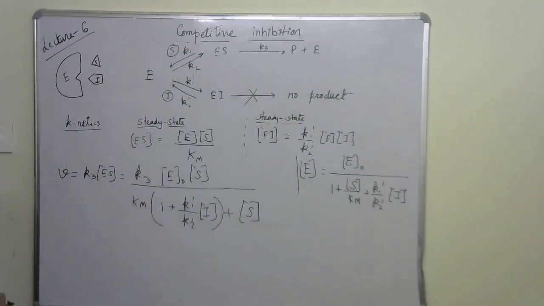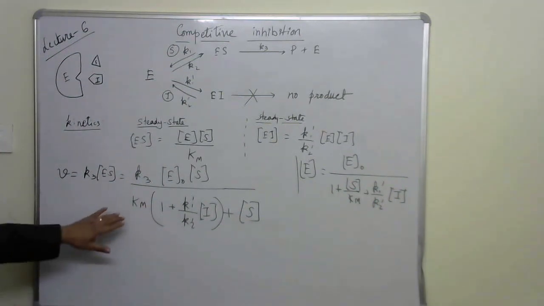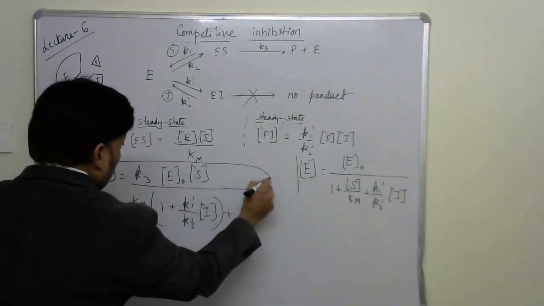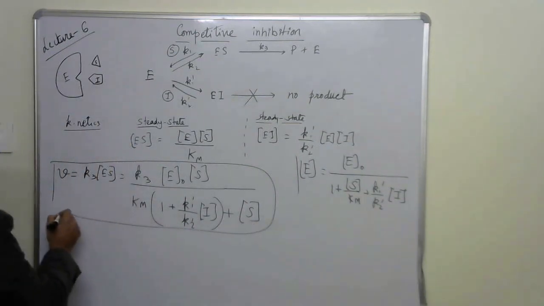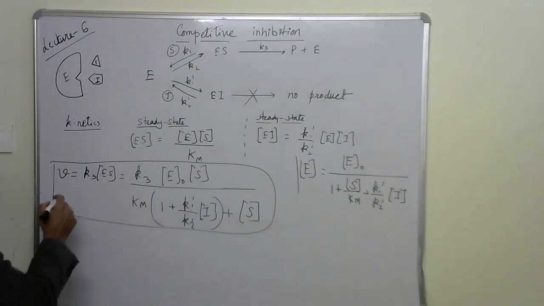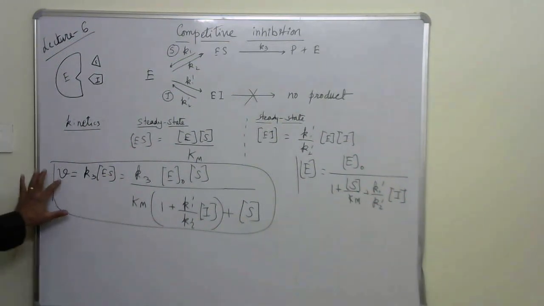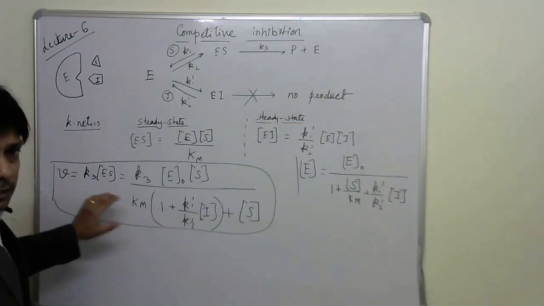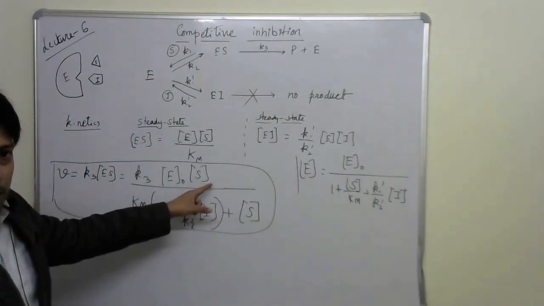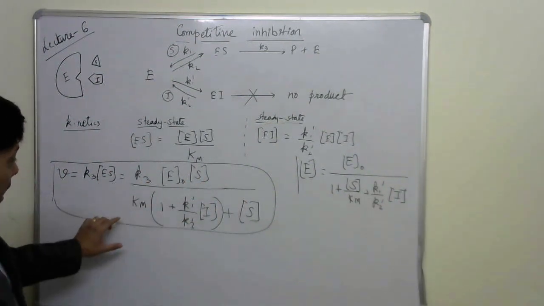Okay. So therefore, if you look at this equation, we have got the new rate equation, velocity. So this is the inhibited velocity, V is equal to K3 E naught multiplied by S divided by Km.